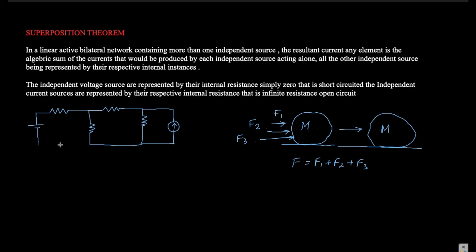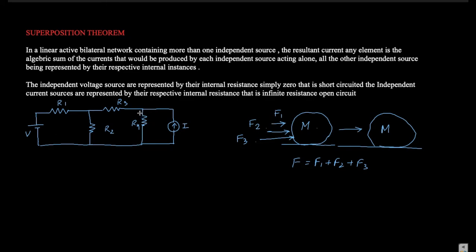This is an electrical network having resistances R1, R2, R3, R4. This is the current source I, this is the voltage source V. I have already told that these theorems are used to determine the current or voltage in a specific element.